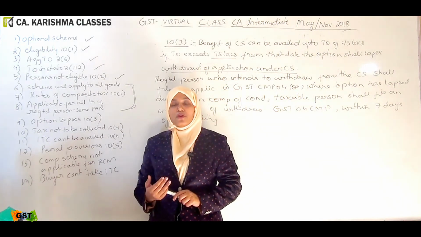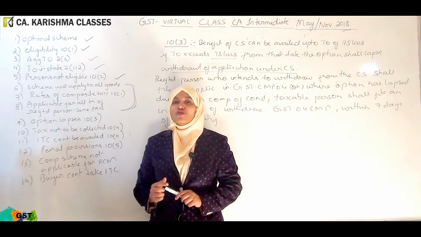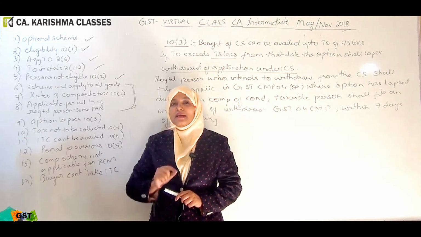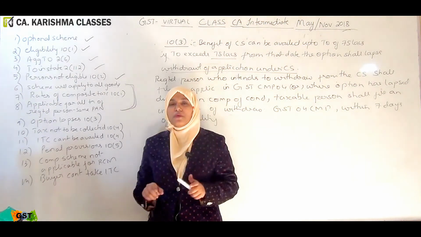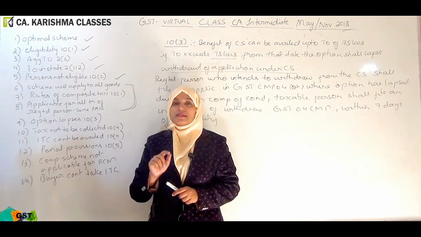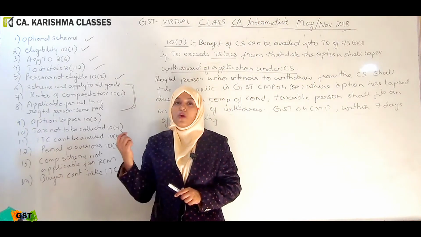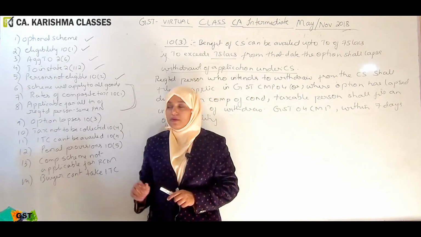Here we are buying from a composition supplier who is not supposed to collect the taxes. But I am sure you must be thinking the price taken by that fellow will be inclusive of tax. Yes, maybe on the face of the bill of supply you will not find any tax amount, but the price which he has collected from you might include that small tax. But law says don't collect it from the customer.